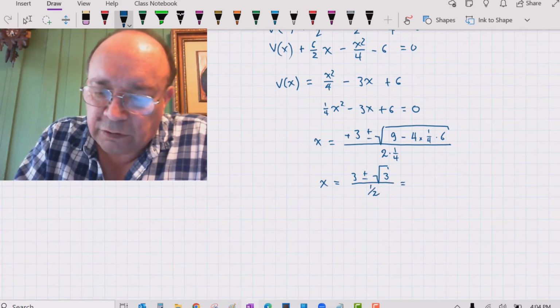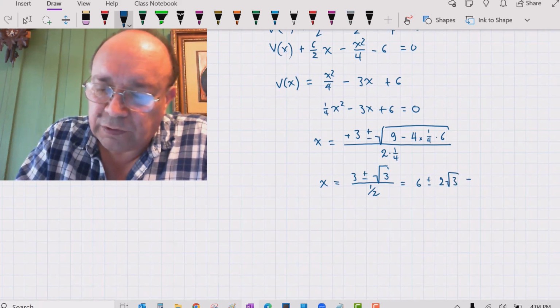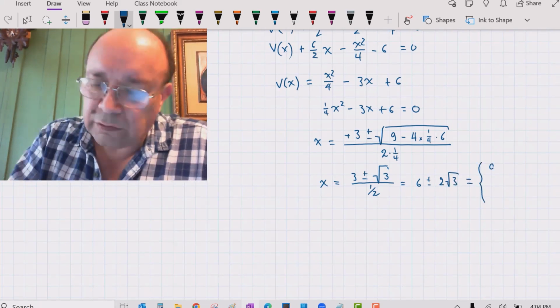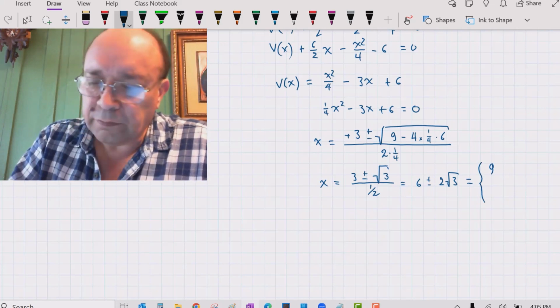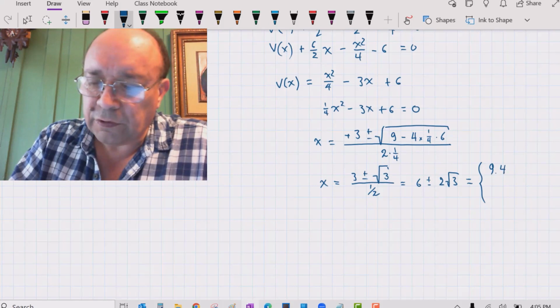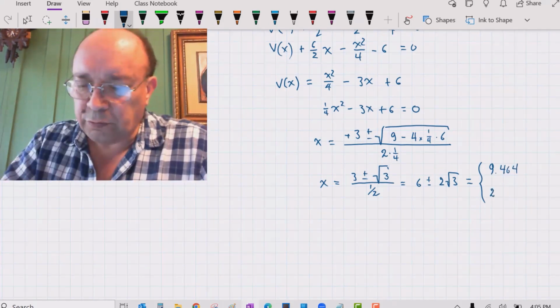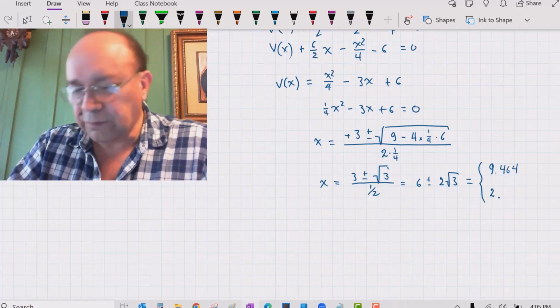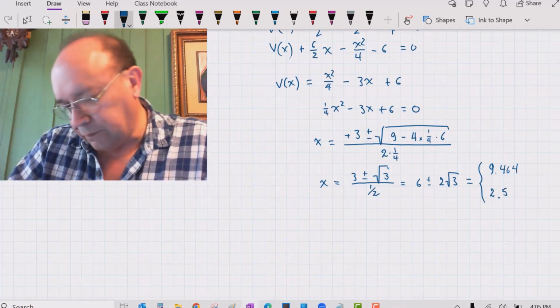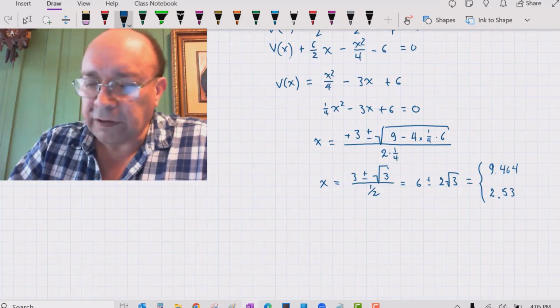So this will be equal to 6 plus or minus 2 square root of 3. We have 9.464 and 2.5353059.